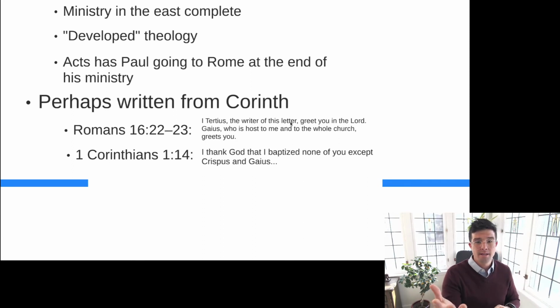And then Tertius at the end has a greeting from Gaius to the Roman Christians. This suggests that Gaius is there with Paul, with Tertius, and sends along his greetings to the Roman Christians. And so this tells us that Paul is probably writing Romans while he is staying in Corinth.